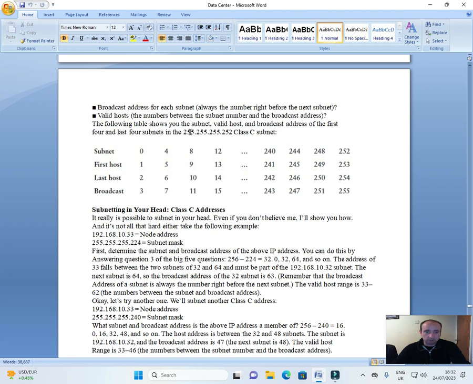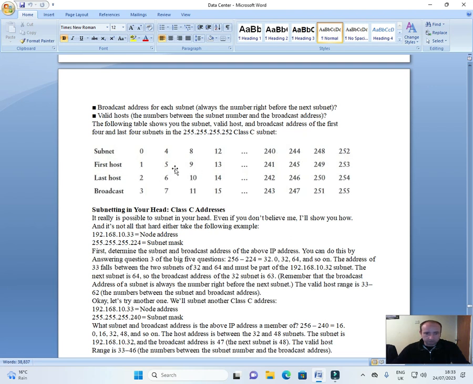The following table shows you the subnet, valid host and broadcast address of the first 4 and last 4 subnets in the 255.255.255.252 Class C subnet. Subnet: 0, 4, 8, 12, 240, 244, 248, 252.